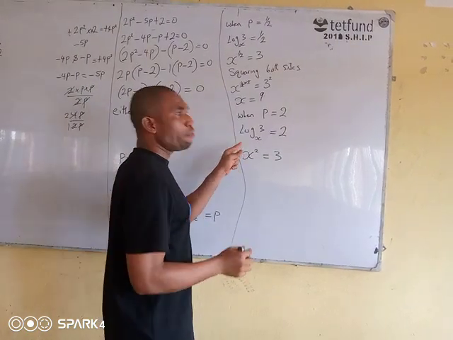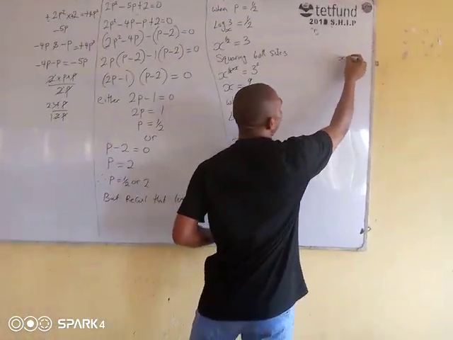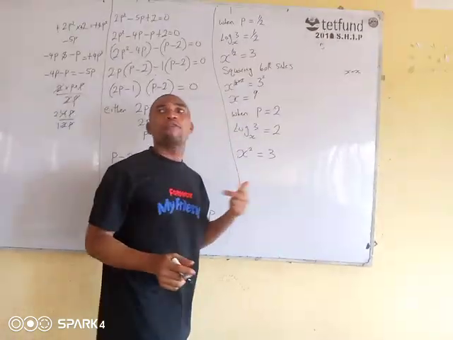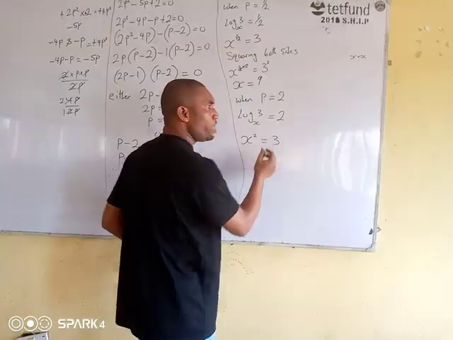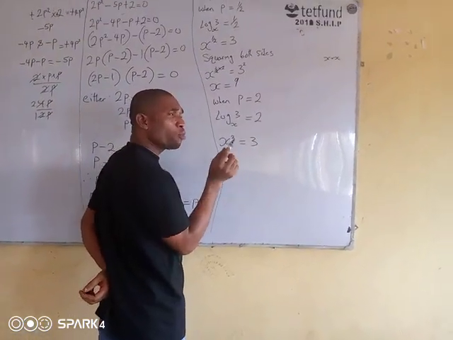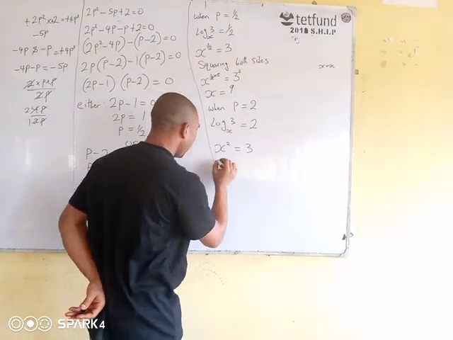I'm having double x because this is the same thing as x times x. But we want to just find the value for just one x. We're not looking for the value for 2x. We're looking for the value for 1x. So what will I do here? Because x squared, I'm going to take the square root of both sides.